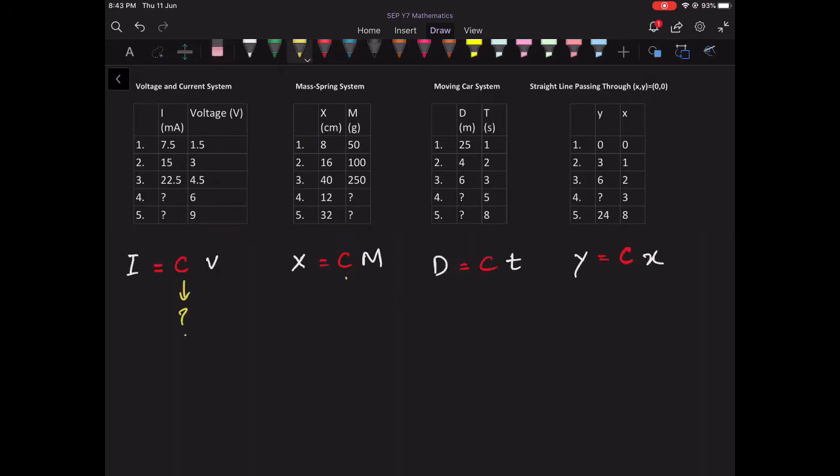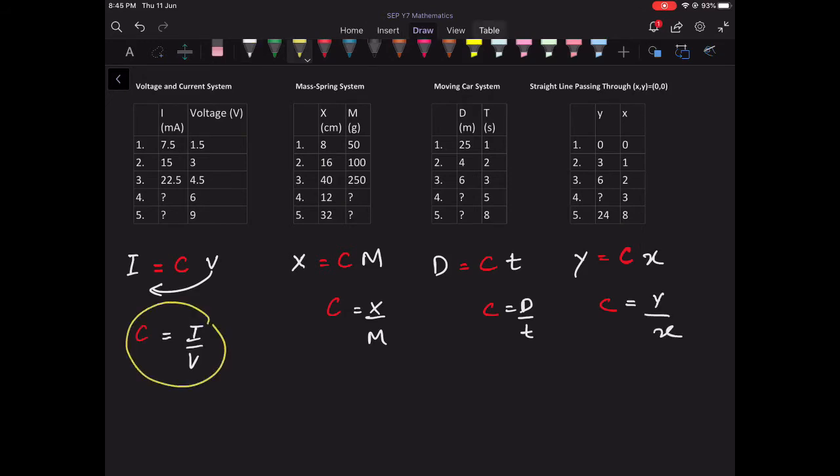However, what are the values of these constants? Let's find them. We shall rearrange these equations so that we can find the value of these constants. Let's begin with the first one.